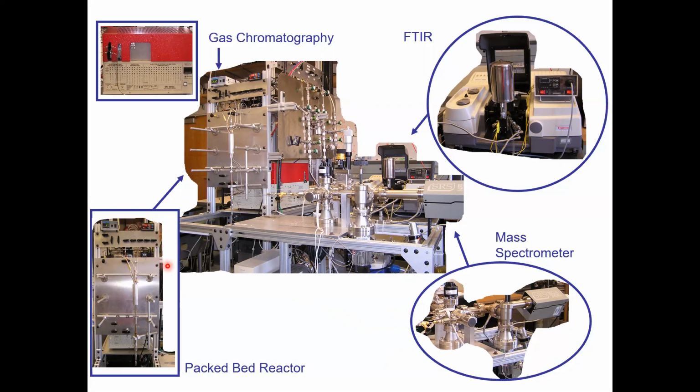You must have heard all these things in your CRE classes. And then there can be an inline GC that detects the products coming out of the reactor, and an FTIR that helps you understand what reaction intermediates are involved, or in a more sophisticated system, there can be a mass spec also. All these things are possible.